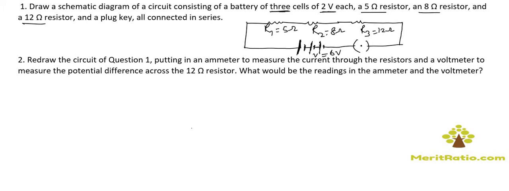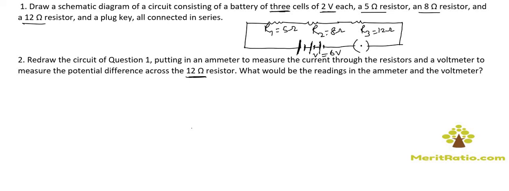In question number 2, redraw the circuit of question 1, putting an ammeter to measure the current through the resistors and a voltmeter to measure the potential difference across 12 ohm. We are required to put a voltmeter across the 12 ohm resistor and an ammeter to measure the current that is flowing through the circuit.